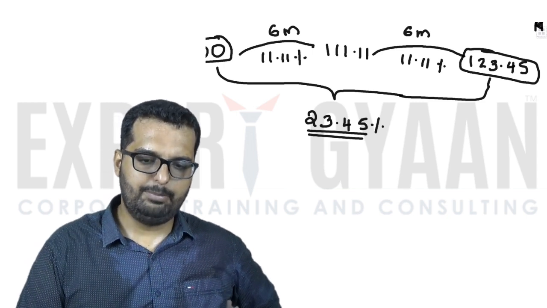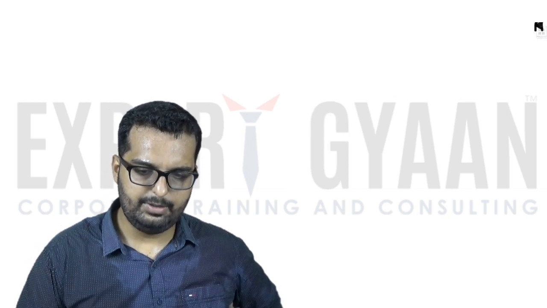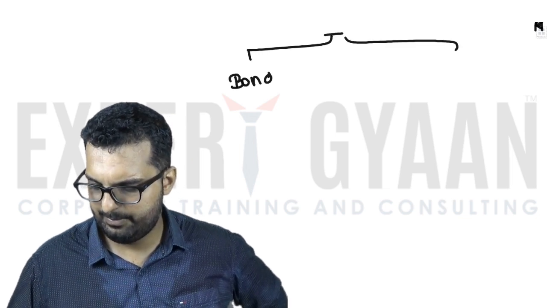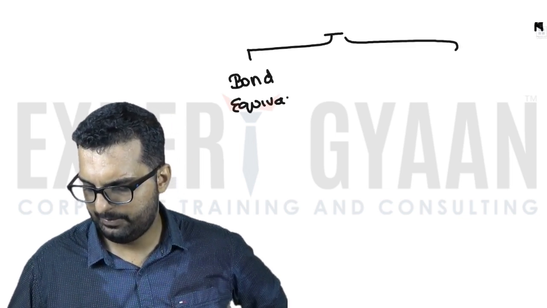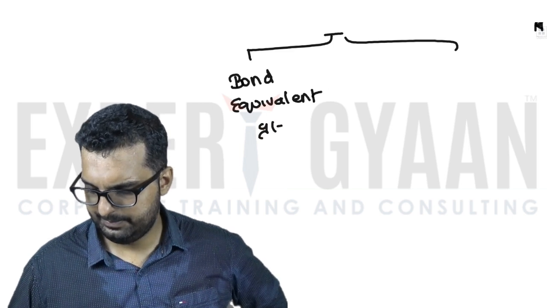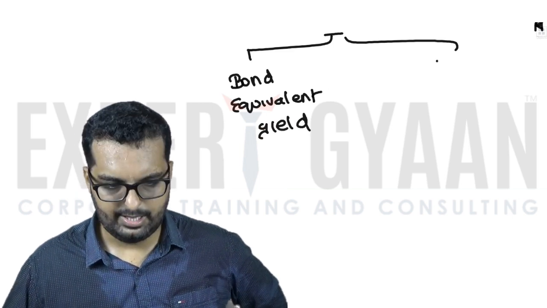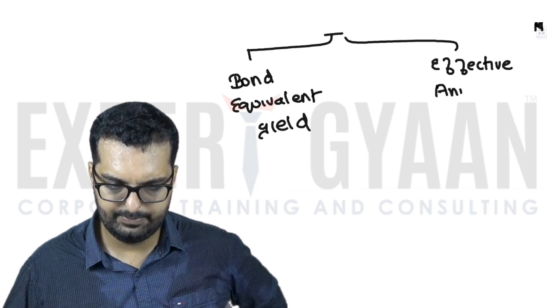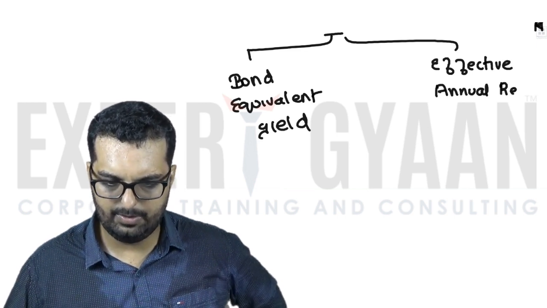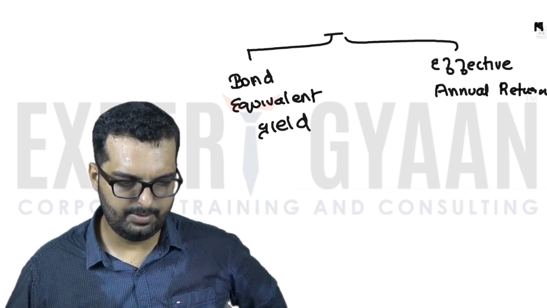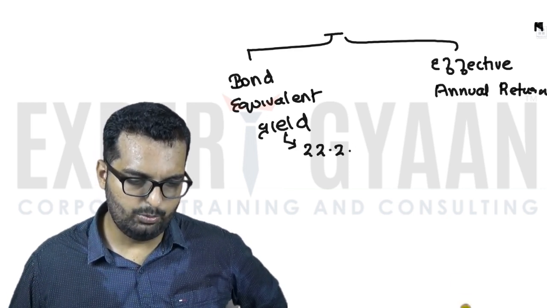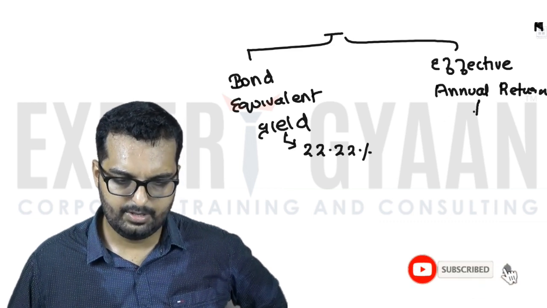Friends, let me explain this once again in a different page. There are two concepts: bond equivalent yield, and the second one is effective annual return. Alright, for bond equivalent yield, we got the answer as 22.22 percentage.